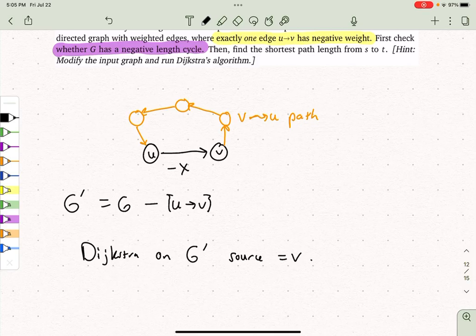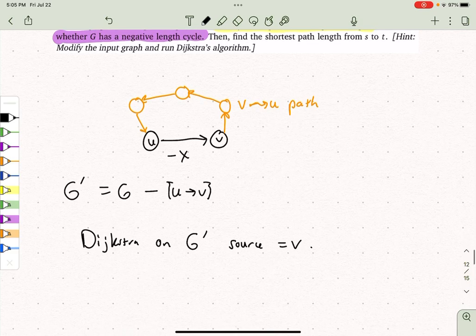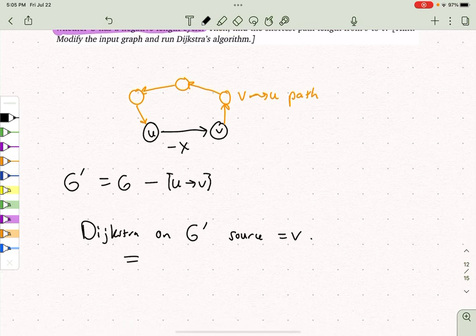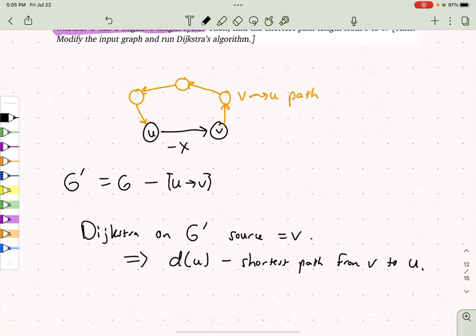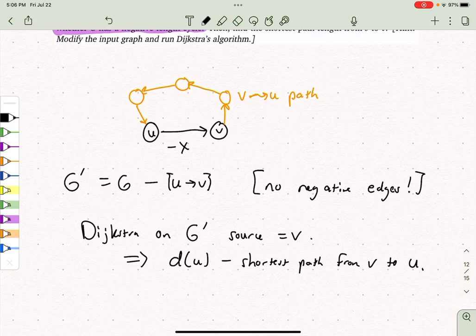And so in particular, that will allow us to compute the shortest path from V to U. So this gives us D of U, the shortest path from V to U. And this quantity is well defined because in G prime, there are no negative cycles. Or actually, there's no negative edges at all, because we removed the only negative edge that exists in this graph.